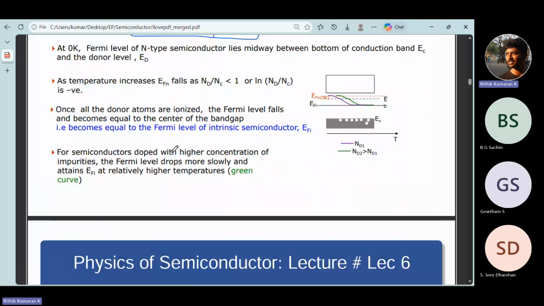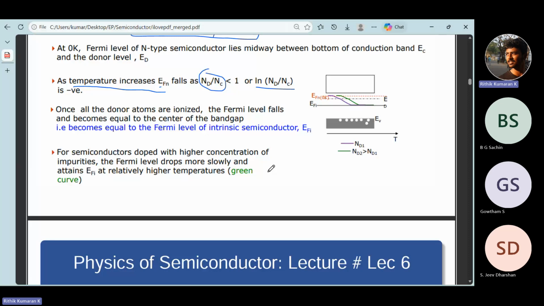Then, easy points. As the temperature increases, the Fermi level falls, because this ratio falls below 1. Essentially, the log would be negative, so the Fermi level would fall down. If you increase the temperature to a heavy extreme, the Fermi level might even come up to the center between the conduction band and valence band.